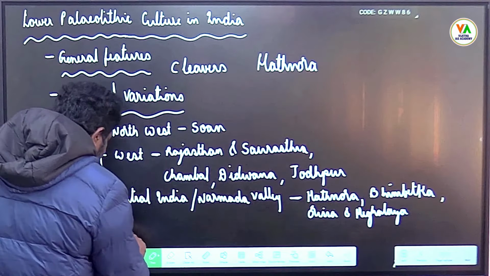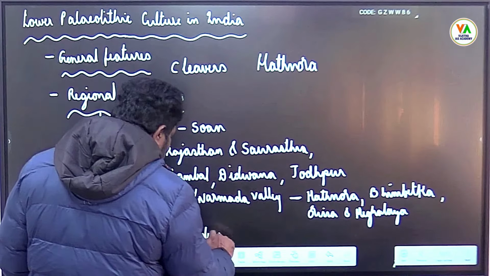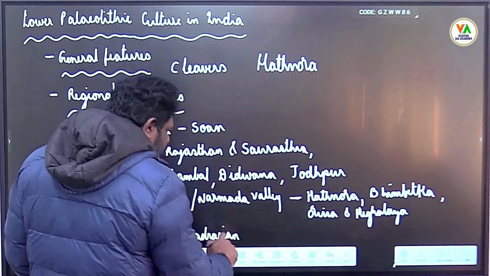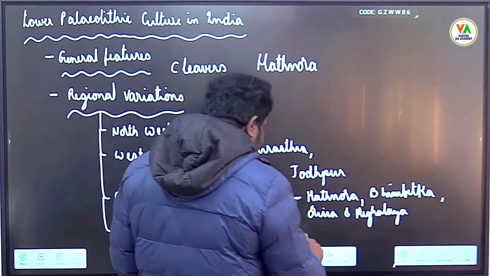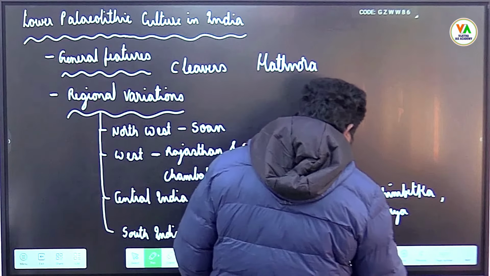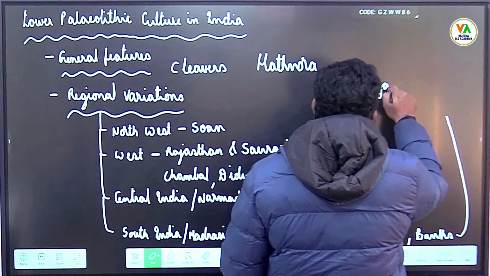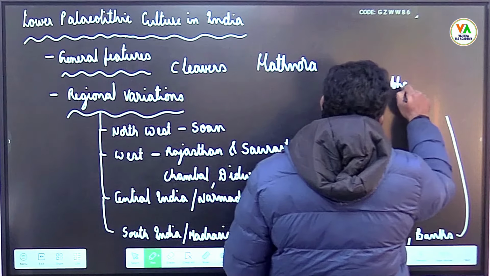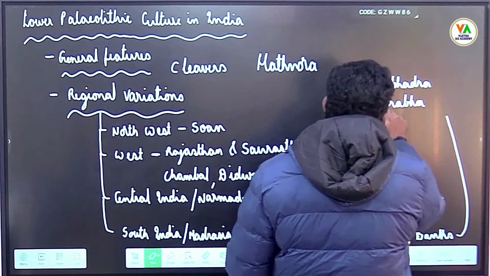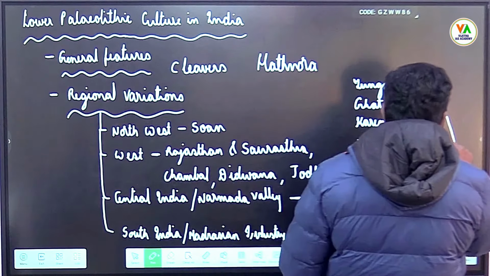Then you have South India, which is known as Madrasian industry. You have places like Kotaliyar, Chengalpet, banks of Tungabhadra, Ghatprabha, Kharampudi, Nagarjuna Konda.